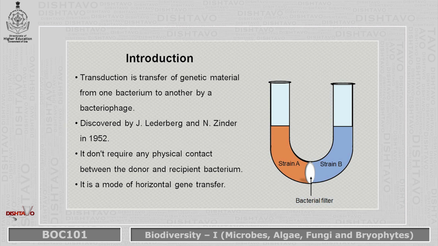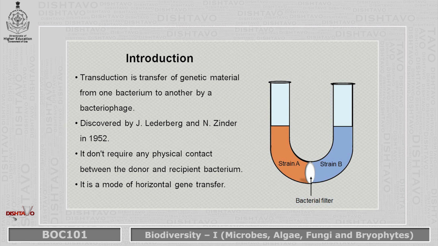They took two strains of bacteria and placed them into a U-shaped tube. This is a U-shaped tube which has a bacterial filter in between both the strains. Strain A is placed at one side of the U-tube and strain B is placed at another side of the U-tube.